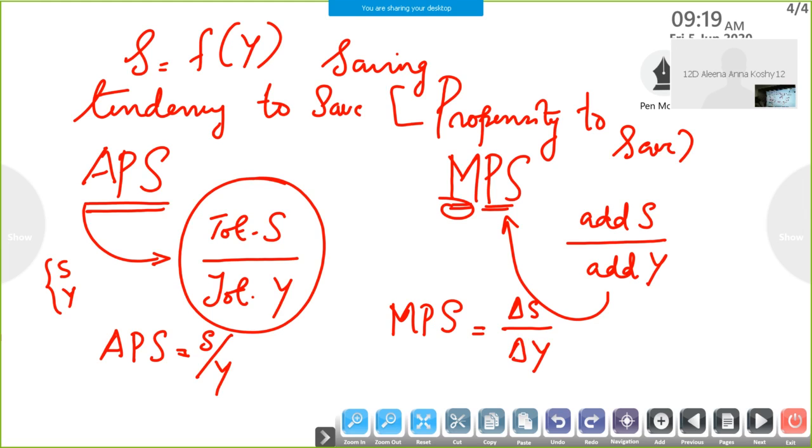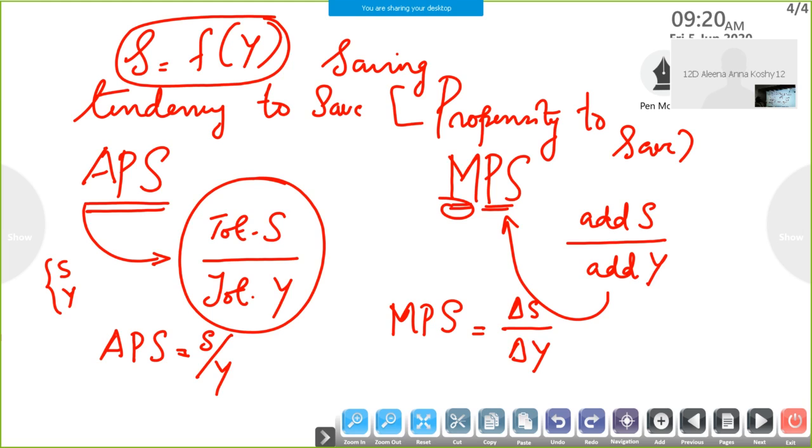Okay, so this is saving function. Functional relationship between income and level of saving shows saving function. If income increases, saving also increases, but how much?